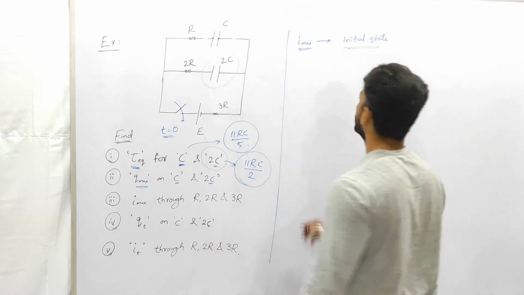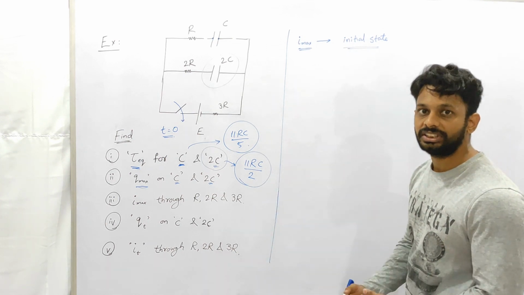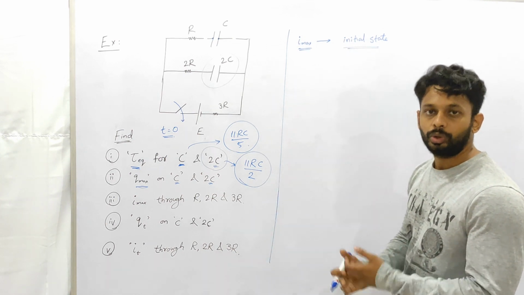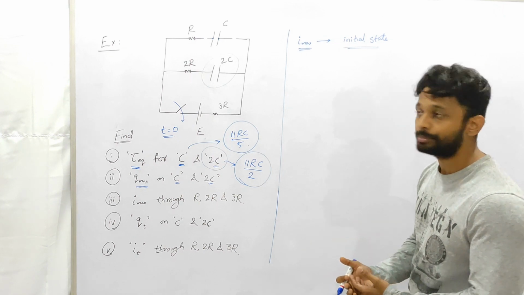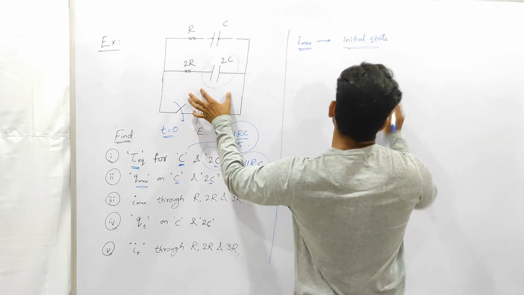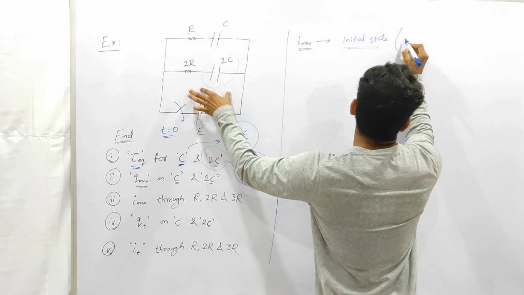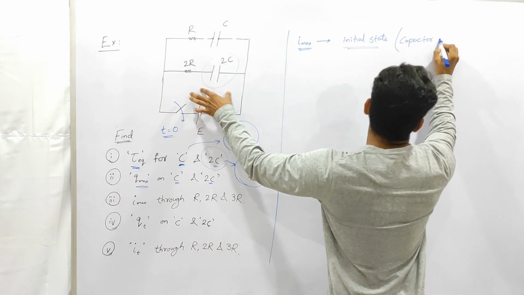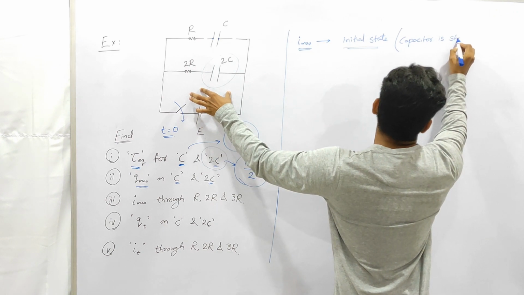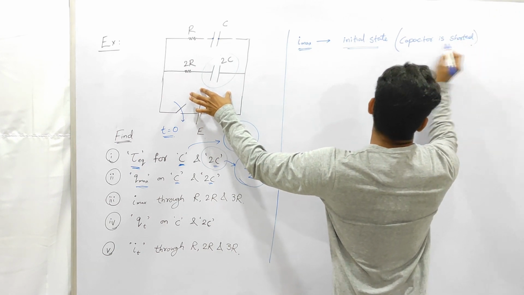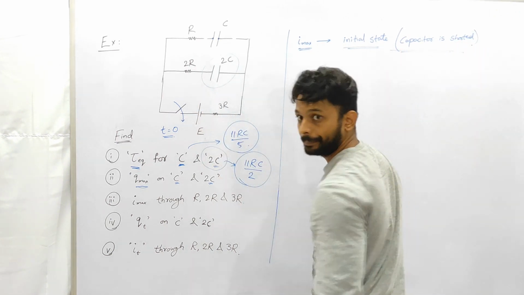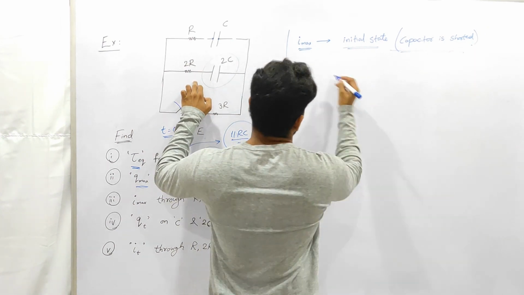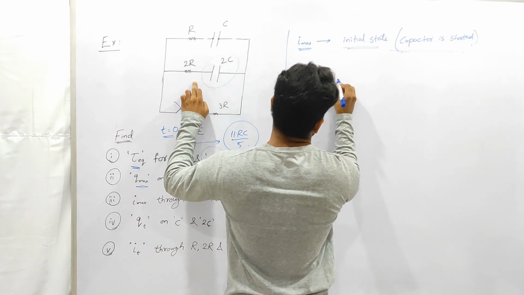Okay. And by the way, how does the capacitor behave in the initial state? No charge. Q by C is equal to 0. That means the potential drop across any capacitor is 0. That is, the capacitor is shorted. That means short circuited. Okay. Now just drawing that effective circuit here.